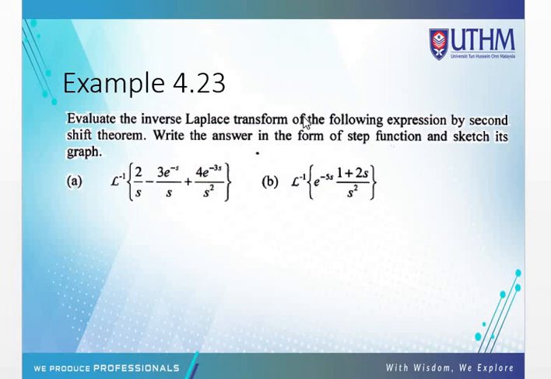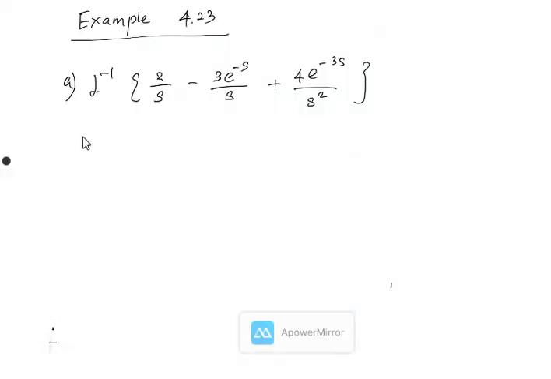Evaluate the inverse Laplace transform of the following expression by the second shift theorem. Write down the answer in the form of a step function and sketch its graph. Okay, from this question we can take the inverse Laplace transform separately for each one.